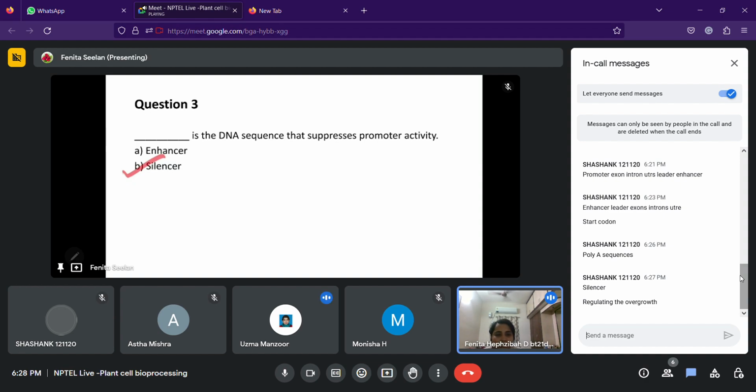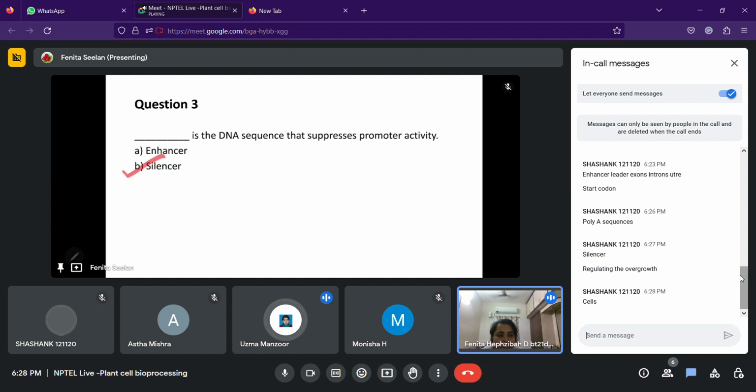Overgrowth of what? Cells, or production of metabolite, or what does it do actually? Cells. So why do you even want to regulate the overgrowth? However much more there is, that much is good for us, no?